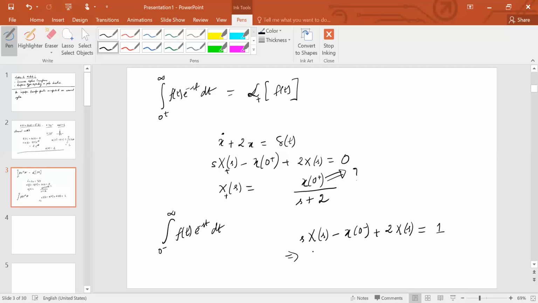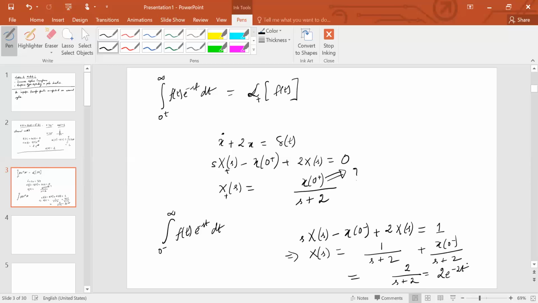How so? So now we can write X(s) as 1 over s plus 2, plus x(0 minus) over s plus 2, which is nothing but, now you use the value that x(0 minus) is 1, so you straight away get 2 over s plus 2, which is nothing but 2 e to the power minus 2t.